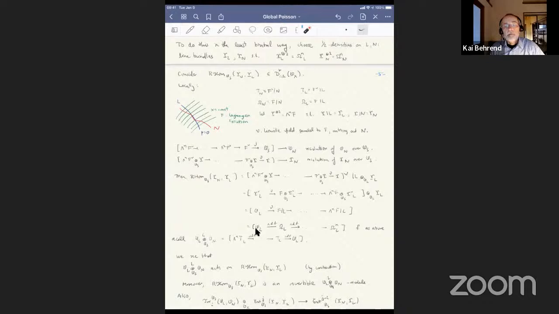So the R-harm is this complex, and remember the L tensor was like the Schouten algebra. Here it was contraction with df. Here it's multiplication with df. And so we see that the Schouten complex acts on this one by contraction, right?